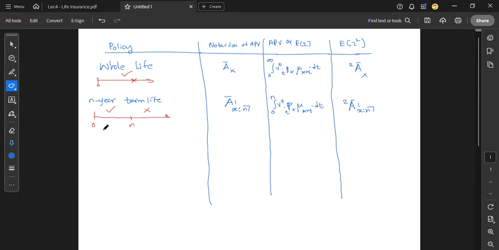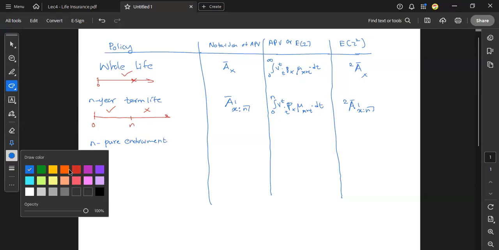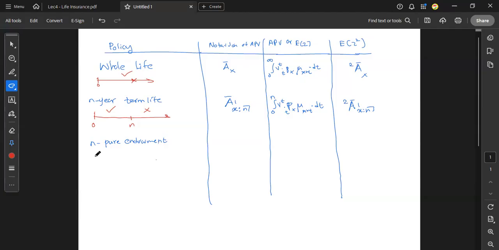And for the n-year pure endowment, benefit is not paid in between 0 and n. The benefit is paid at this point and no benefit after that as well.